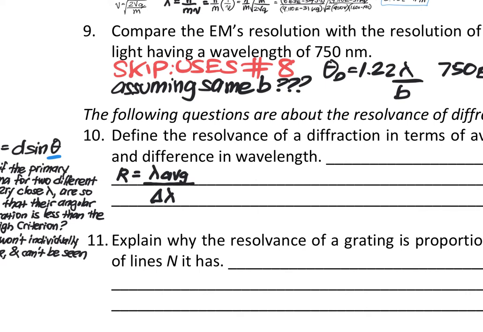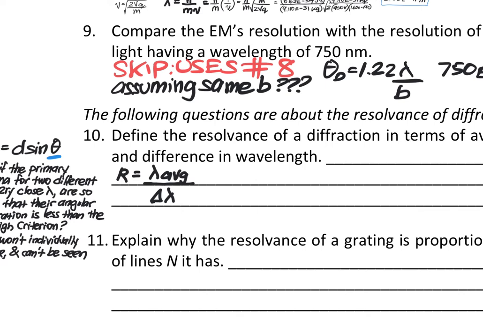If I have two different wavelengths, they don't have to be close to each other, but the whole point of resolvence is that you're trying to resolve two very close wavelengths. If they're not close, then you don't need a high quality diffraction grating. It also depends on what kind of wavelength we're talking about. Are we talking about a long wavelength like red light, or a short wavelength like violet light?